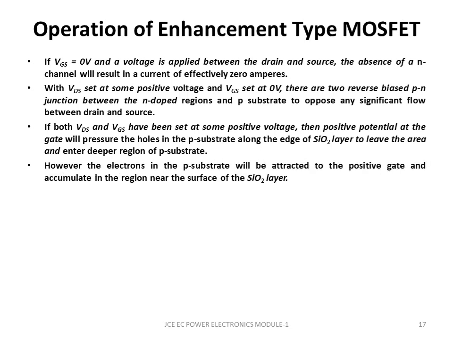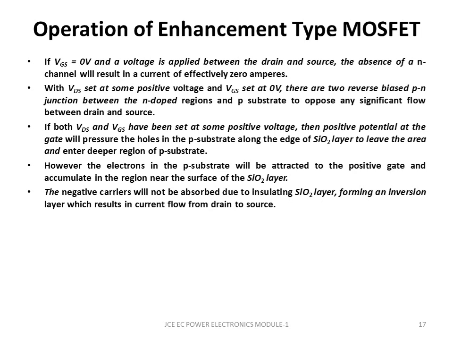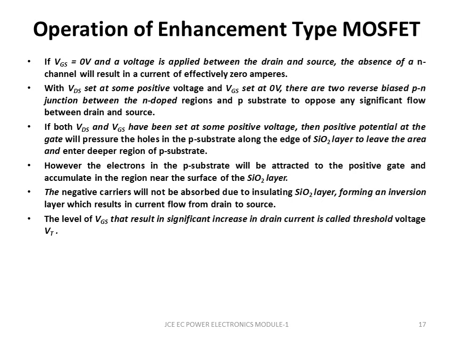However, the electrons in the P substrate will be attracted to the positive gate and accumulate in the region near the surface of the silicon dioxide. The negative carriers will not be absorbed due to the insulating silicon dioxide layer, forming an inversion layer which results in current flow from drain to source.